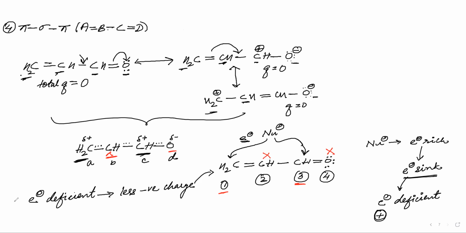If it is electron deficient and electrons are negatively charged, then less negative charge indirectly means more positive charge, correct? Then if I ask you about electron deficiency, you have to look where the positive charge is. So now you tell me which of the carbons are electron deficient?